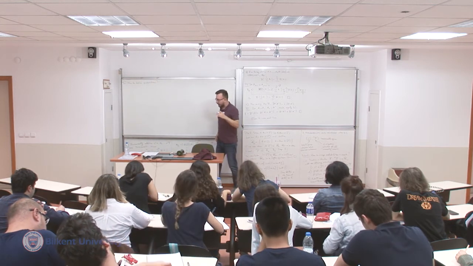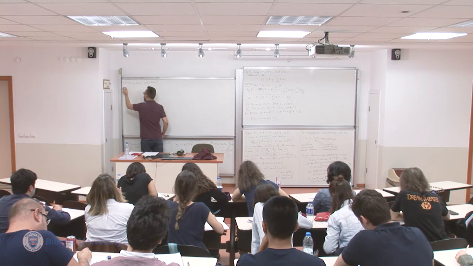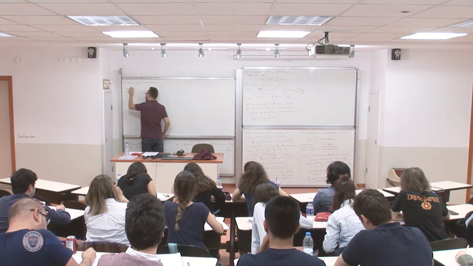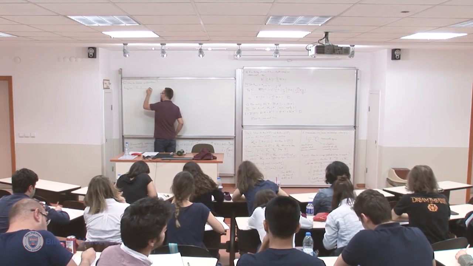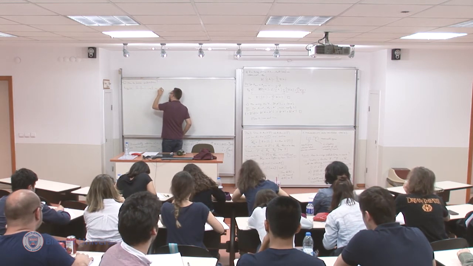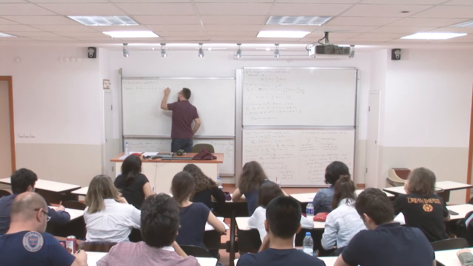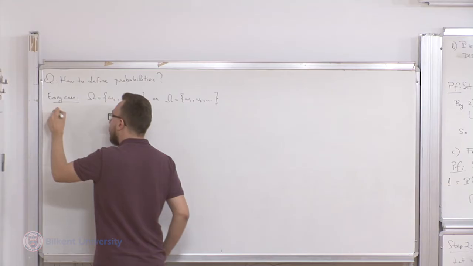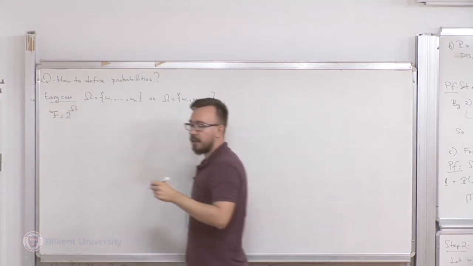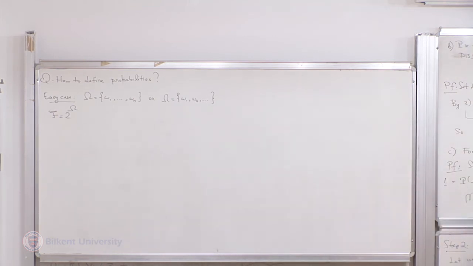And the starting point, the easier starting point, is the case where omega is finite or countably infinite. And let's say the sigma algebra is the power set, just for simplicity. Well, since the sigma algebra is the power set, everything is an event, right?